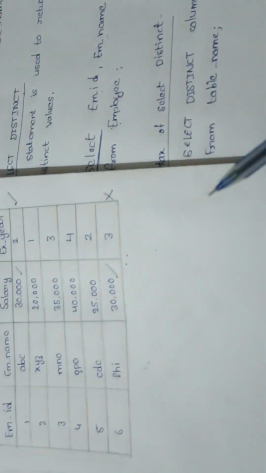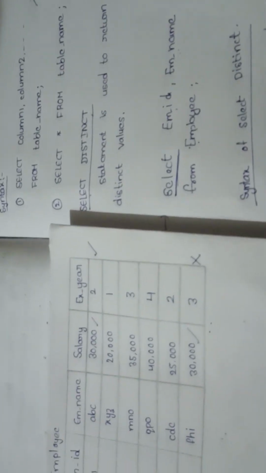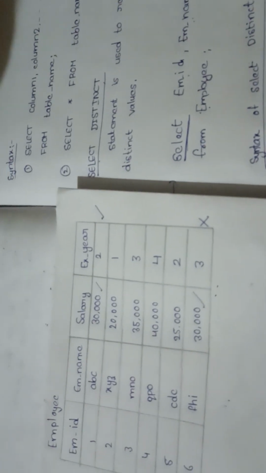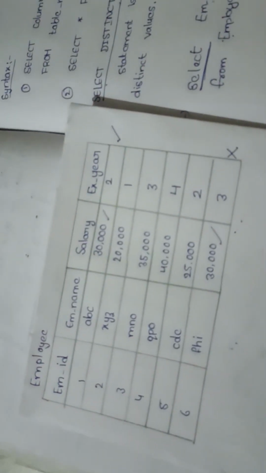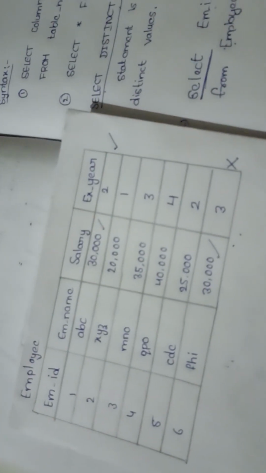If we want to know only the single values, then we can use this statement. Here we will use select distinct, our column name is salary, and from table employee. This is the query we should write, and don't forget to keep semicolons at the end of the statements.